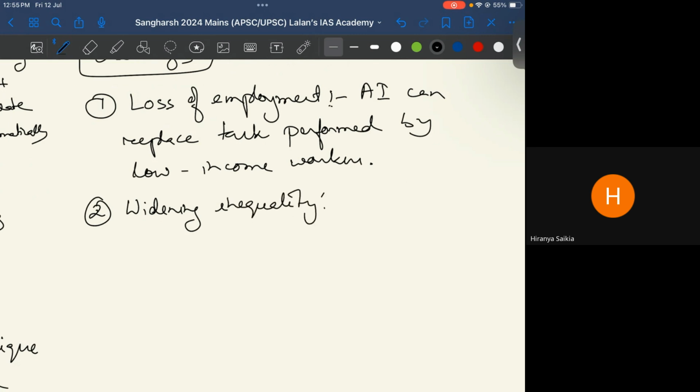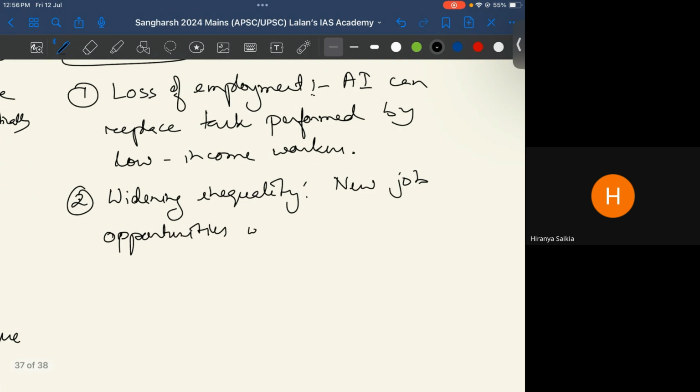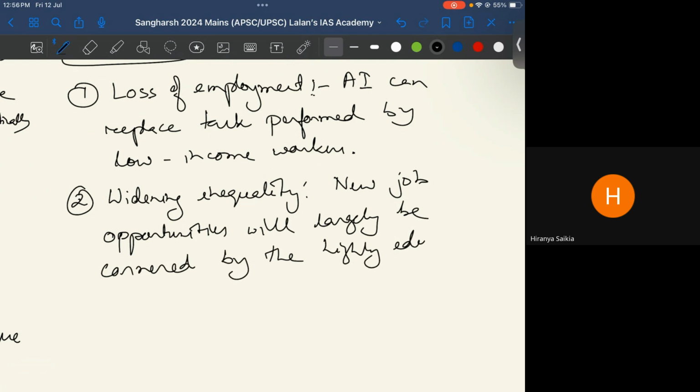because it will create a class of extraordinarily well-paid workers, whereas many will be underpaid. So whatever new job opportunities will arise, new job opportunities will largely be cornered by the highly educated elites.